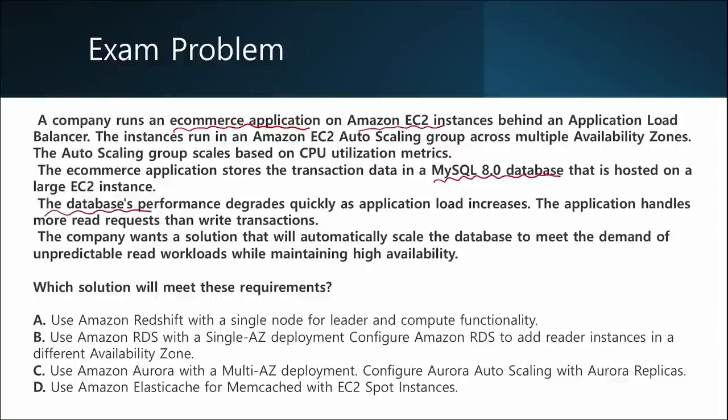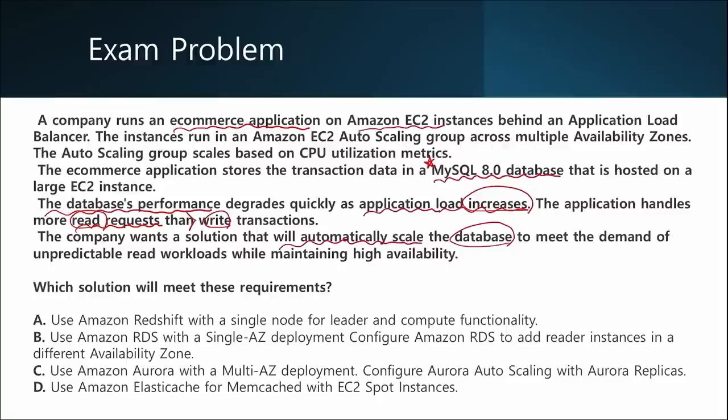The database's performance degrades quickly as application load increases. The application handles more read requests than write transactions. The company wants a solution that will automatically scale the database to meet the demand of unpredictable read workloads while maintaining high availability. The question is which solution will meet this requirement.